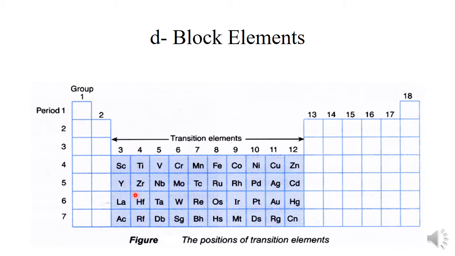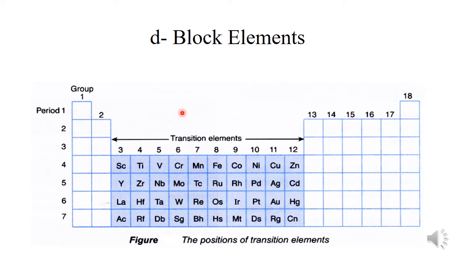properties are also intermediate between the s and the p block elements, and they also represent a transition from the most electropositive elements to the least electropositive elements. So that's why these are known as the transition elements.